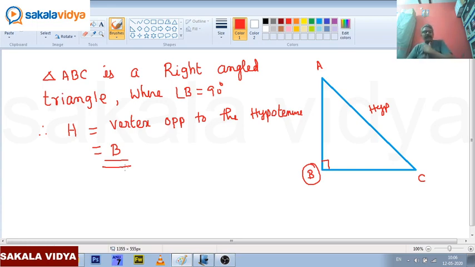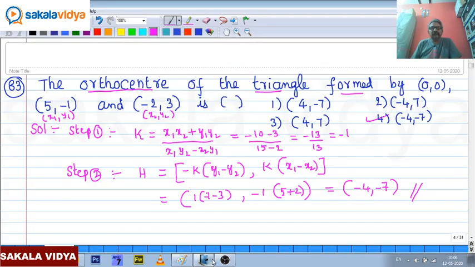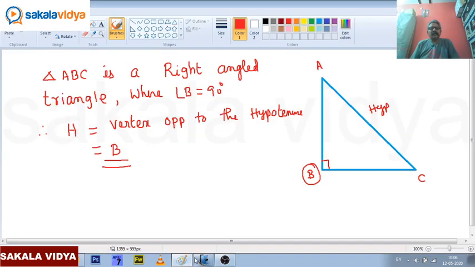Right. So in a right angle triangle, the vertex opposite to the hypotenuse is the orthocenter.